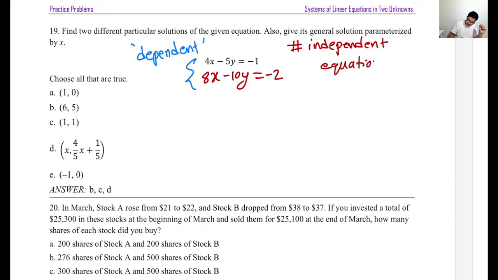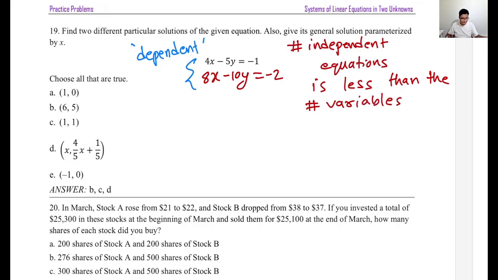Okay, all right. So the number of independent equations in the system is less than the number of variables. When that happens, you will have infinitely many solutions. Okay.